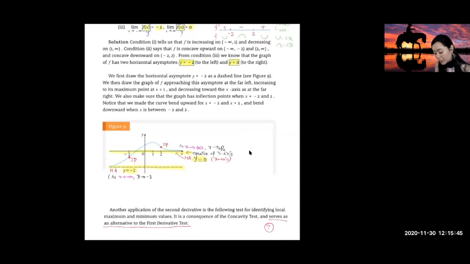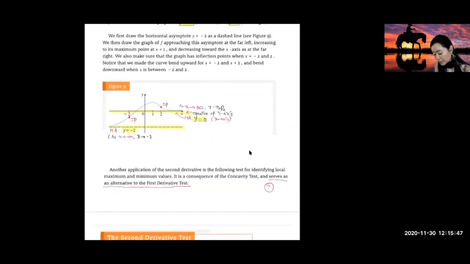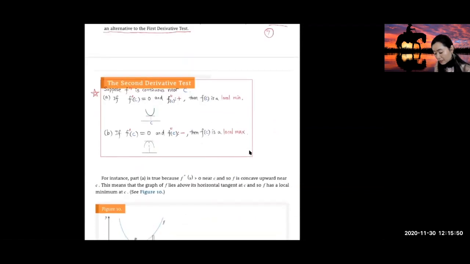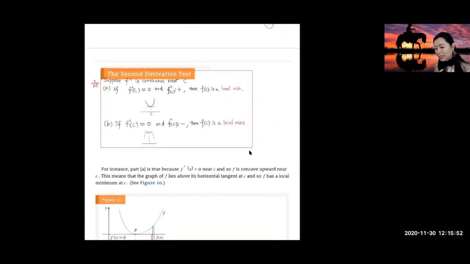The last part over here will be the second derivative test. Now we have the first derivative test, right? Now we have a second derivative test.